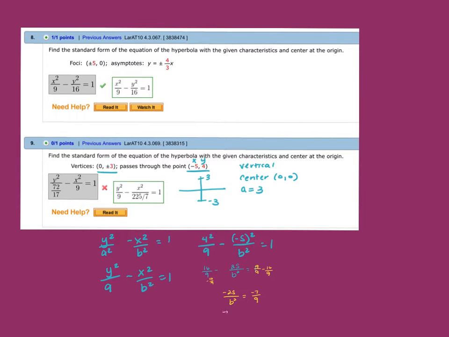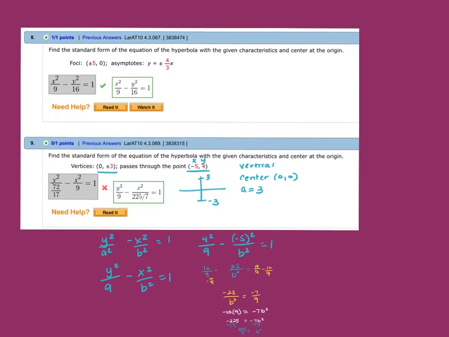Cross multiply, so negative 25 times 9, negative 7 B squared. This is 225, negative 225. Divide both sides by negative 7. B squared is 225 over 7.